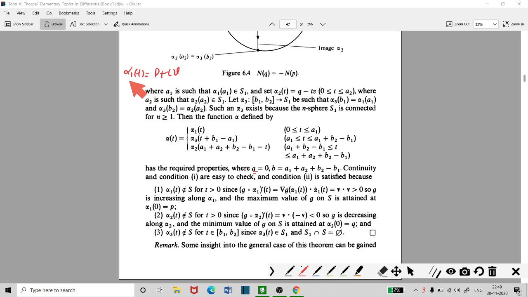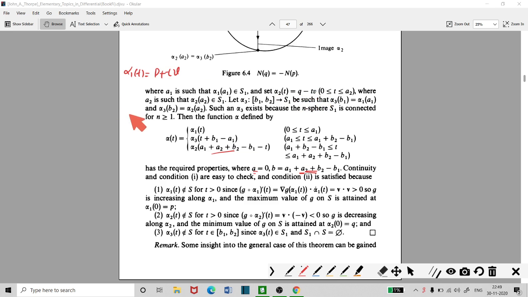And alpha of b means alpha of the last point, that is alpha 2 of what is b here? B is this one. We substitute for t this value a1 plus a2 minus the same quantity, that is alpha 2 of 0. What is alpha 2 of 0? Alpha 2 of 0 is equal to q.